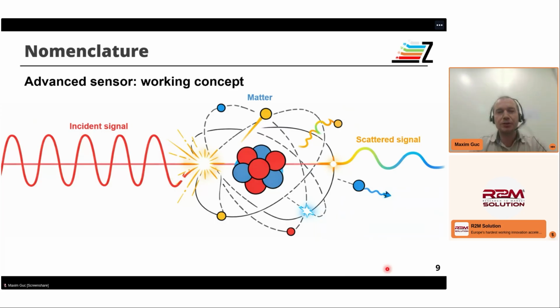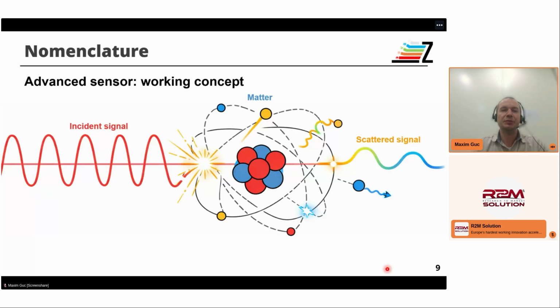So the main difference between the typical sensors that we meet in our day life and advanced sensors would be the working concept. In typical sensors, they are just detecting or reacting in some way to the environment that they are analyzing, whereas the advanced sensors in most cases would provoke some reaction of the material.